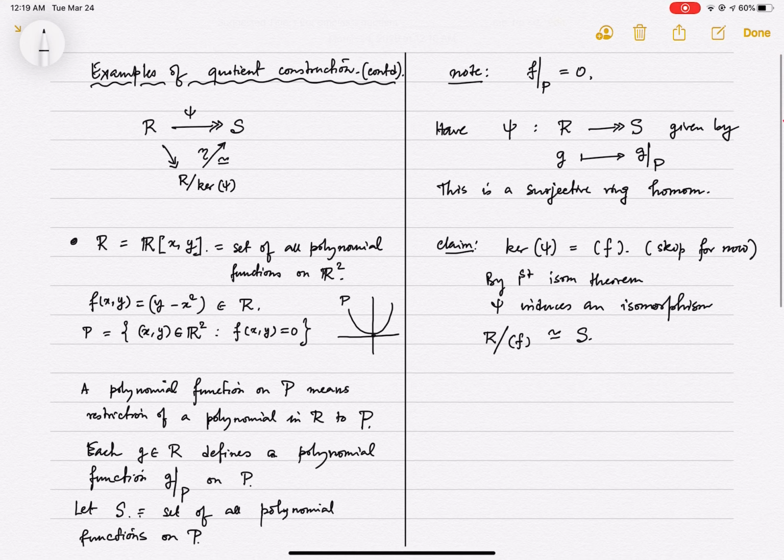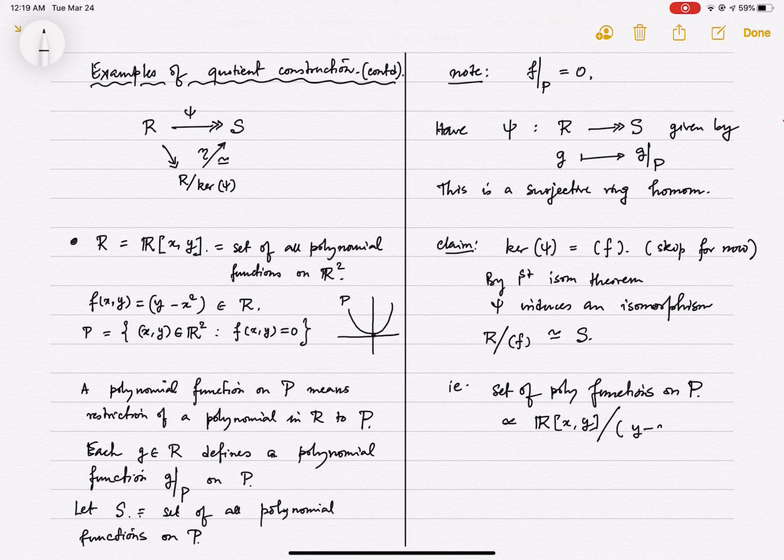So in other words, what's the upshot? The upshot is that the set of polynomial functions on P is this quotient ring, R[x,y] modulo the ideal generated by the function that defines the parabola.